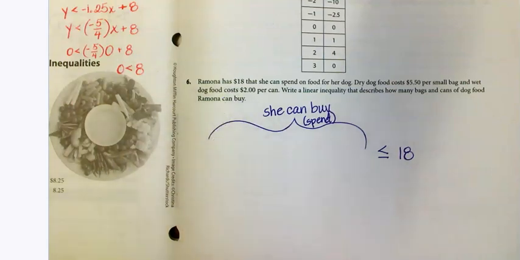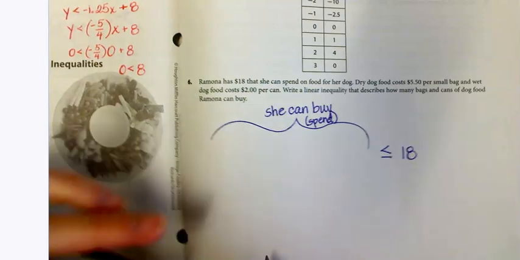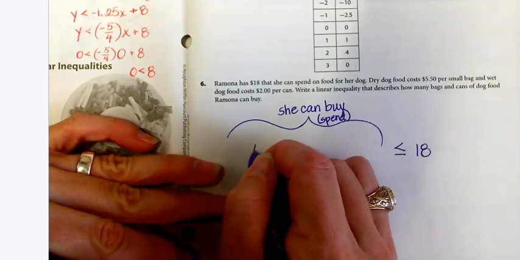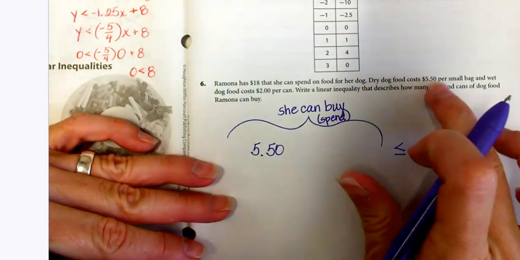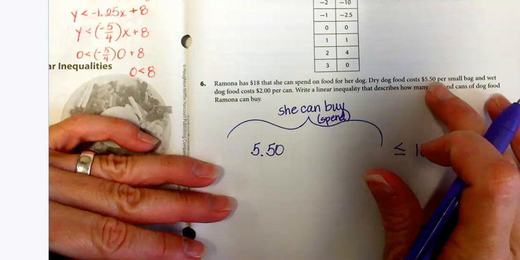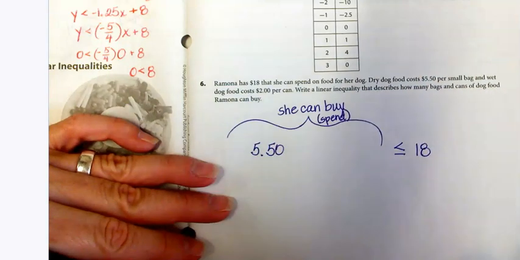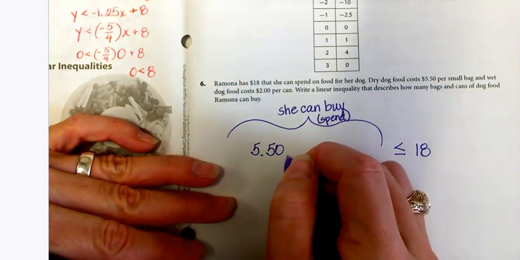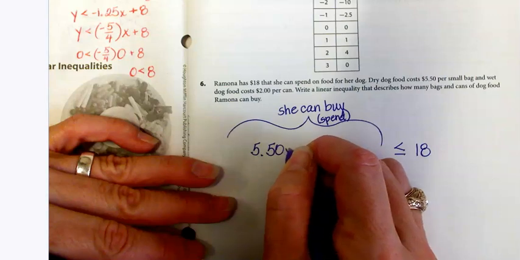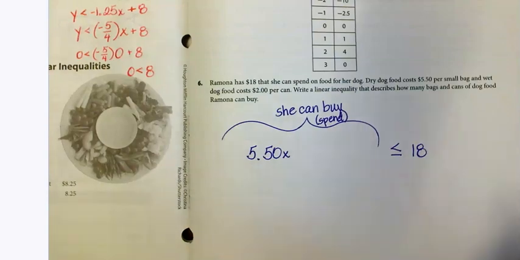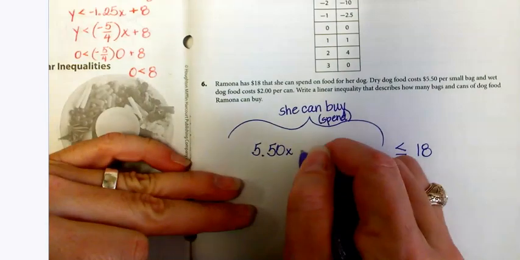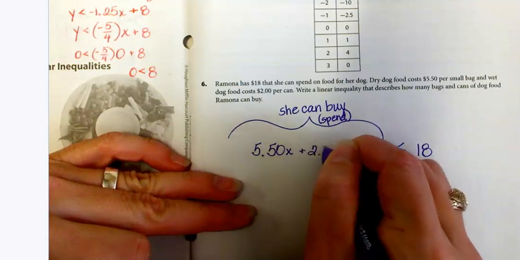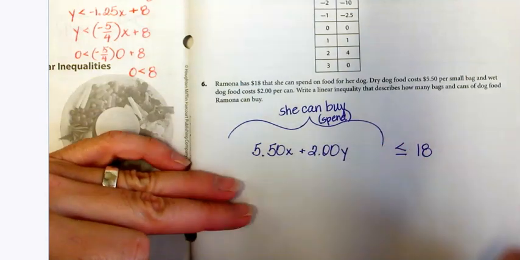Okay. Then I'm going to say $5.50. It really doesn't matter whether I decide that the bags of dog food or the cans of dog food are X and Y, but I'll just do $5.50X, and I'll do plus $2Y.